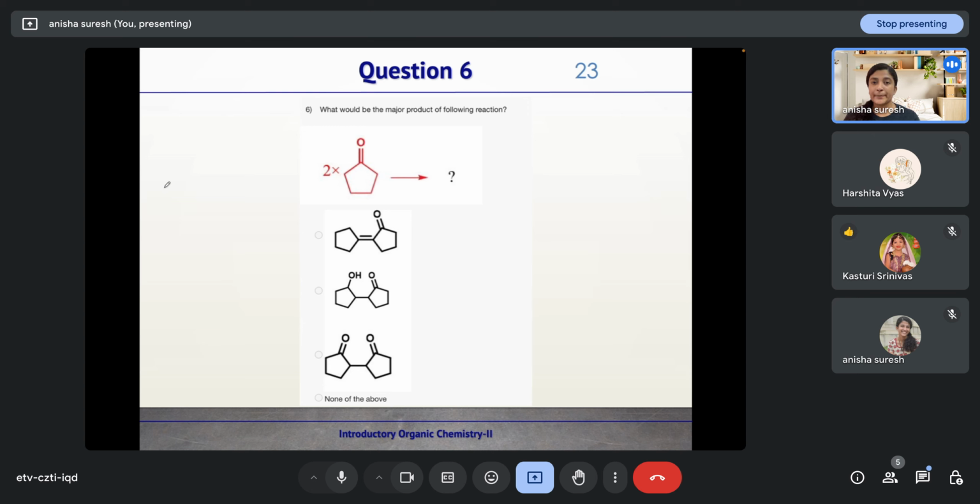Now coming to question number 6. What would be the major product of the following reaction? So two molecules of cyclopropanone are reacting, and it is giving the aldol condensation product.